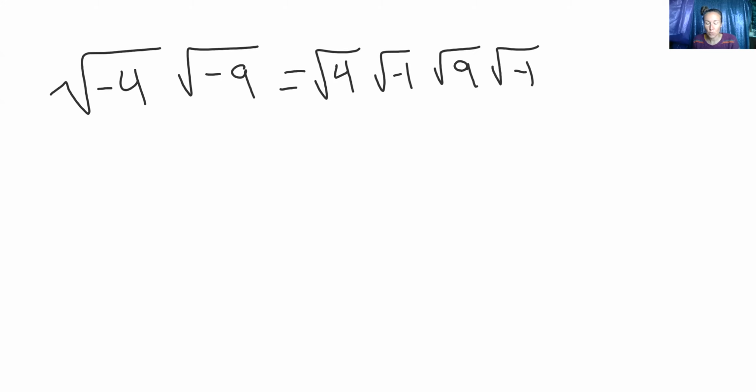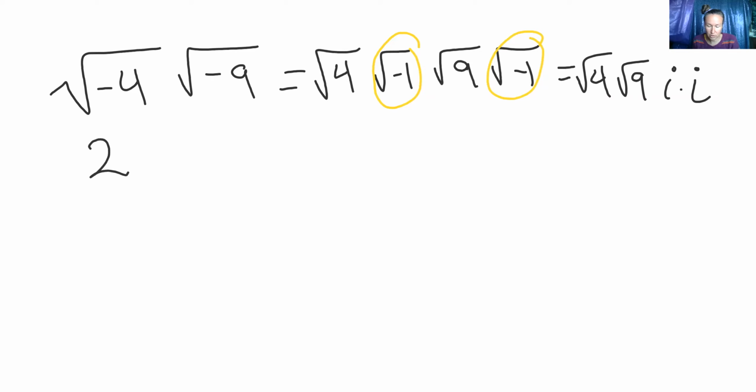All right, so when I factor out that square root of -1, those both become i's. So we end up with the square root of 4, square root of 9 times i, okay? Because both of these guys turned into our imaginary number i. And now we can say the square root of 4 is 2, and the square root of 9 is 3, and i times i is going to be i squared. And 2 times 3 is 6.